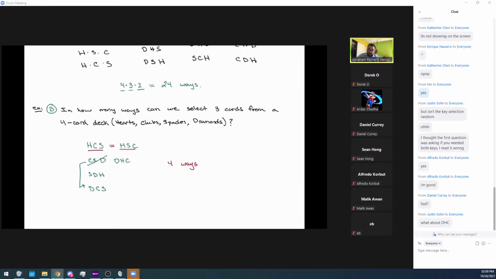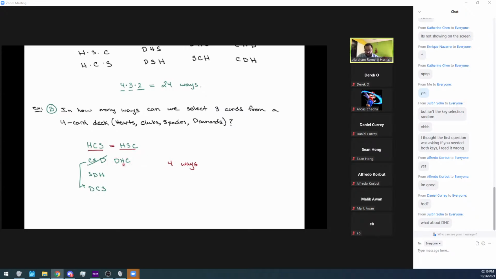But with this one, when I'm selecting it, once I select hearts, clubs, and spades, it's the same thing if I would have selected hearts, spades, clubs. So I only write it once. Same thing with diamonds, hearts, and clubs.